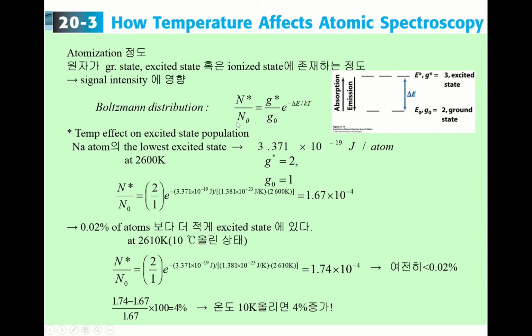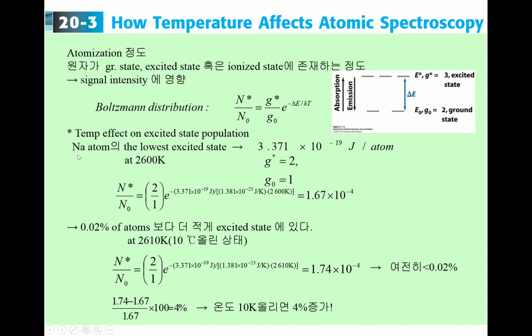The ratio of n star to n0 is given by g star divided by g multiplied by exponential minus this energy difference divided by kT. This is the famous Boltzmann distribution. So temperature affects the population of excited states.